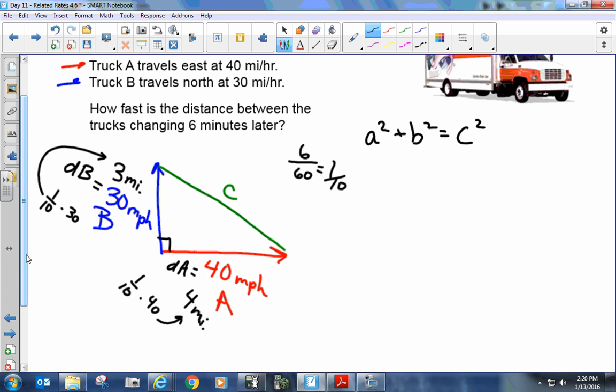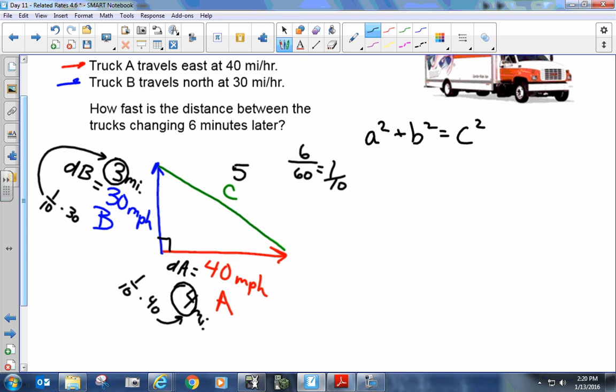Now, yes, this might be 5 miles, but they want to know how fast is the distance between the trucks changing. They don't want to know the actual C, they want to know dC, the actual rate. So, with the Pythagorean theorem, 3 squared plus 4 squared, isn't that 5? C squared, so C would be 5.